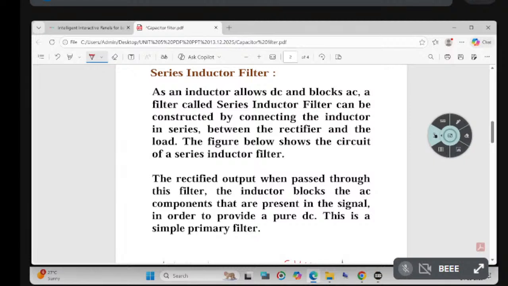So whenever I ask the question, you have to tell it: inductor allows DC, blocks AC. That is the final result.